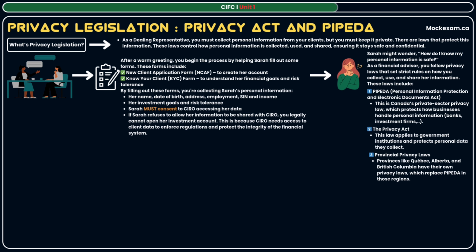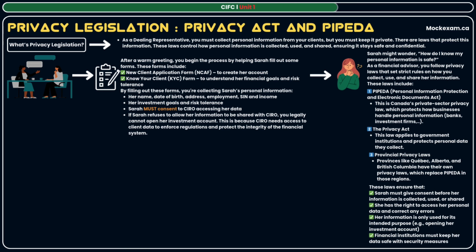Great. So all of these three laws ensure that Sarah must give consent before her information is collected, used, or shared. So Sarah signed that form saying, okay, I consent that you collect, use, and share my information.